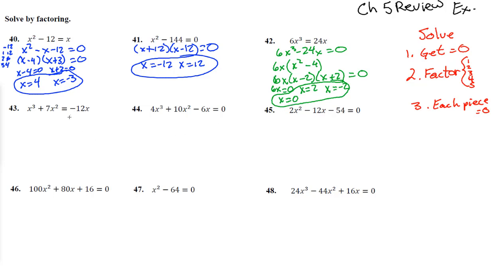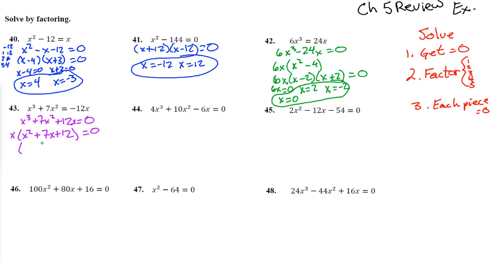Excellent. Number 43. Got to get it equal to 0, so add the 12x over. We have x cubed plus 7x squared plus 12x equals 0. Yes, indeed. Take the x out, and we have x times x squared plus 7x plus 12. Oh, that's an x equals 0. Good. And now, let me see, x squared plus 7x plus 12. Oh, this is a leading coefficient 1.